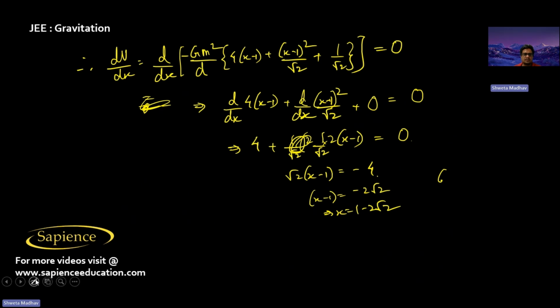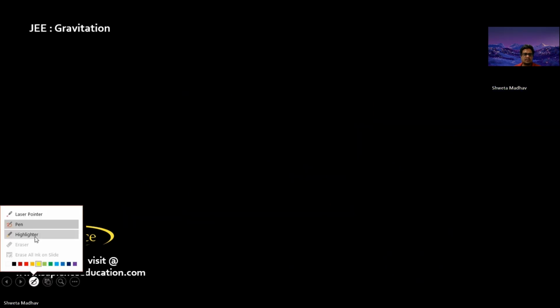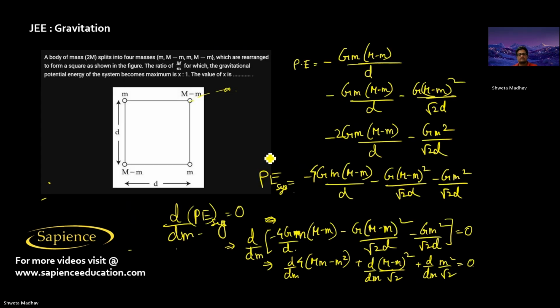So it means that 4 into d by dM of this.